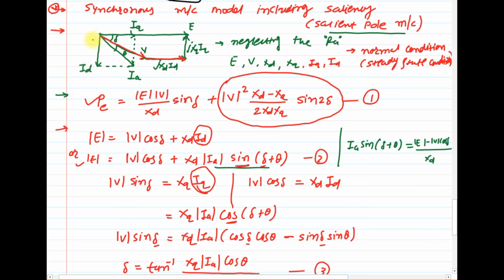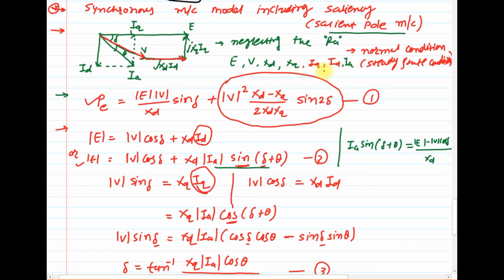So for that, just consider the phasor diagram of salient pole machine under steady state or normal operating condition. Where E is the generated EMF, V is the generator terminal voltage, XD the direct axis reactance, XQ the quadrature axis reactance of the synchronous machine, ID, IQ and IA.